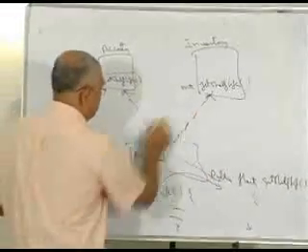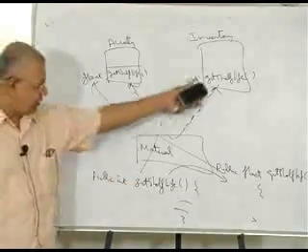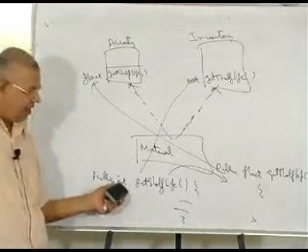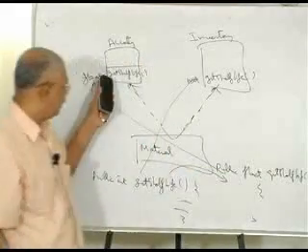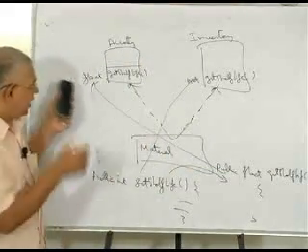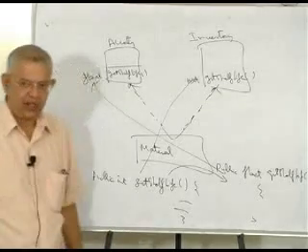A simplistic programmer will say, I have get shelf life with an int return, which fulfills this, and I have a float get shelf life with a float return, which fulfills this contract, because get shelf life occurs in both the accounting interface as well as the inventory interface.